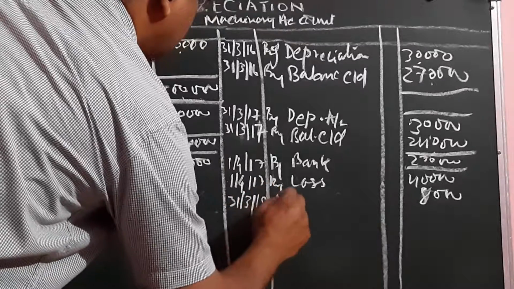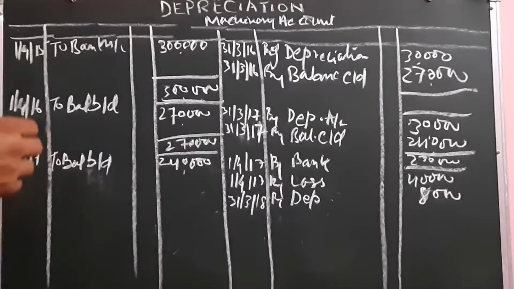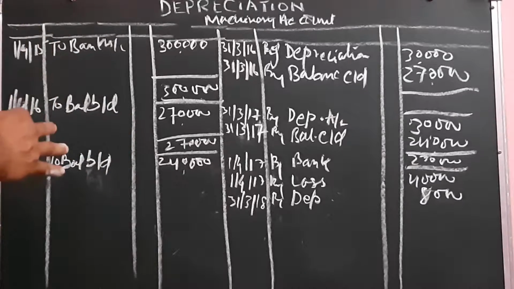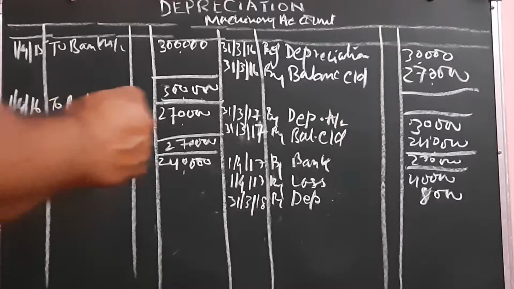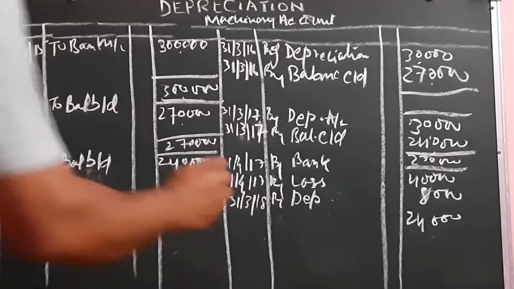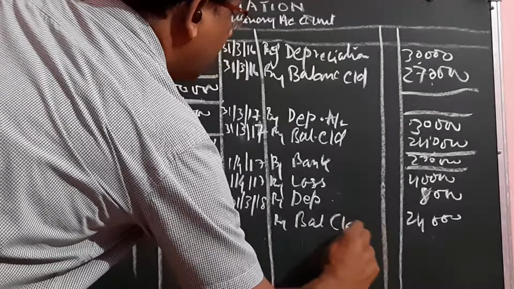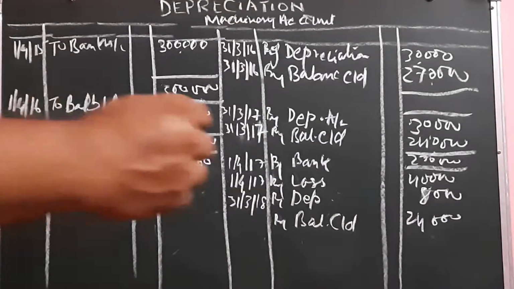At the year ending, 31st March 18, by depreciation. Only one machine is sold, so the remaining value is 2,40,000 and the depreciation is 24,000. So the balance carried down is 1,68,000.